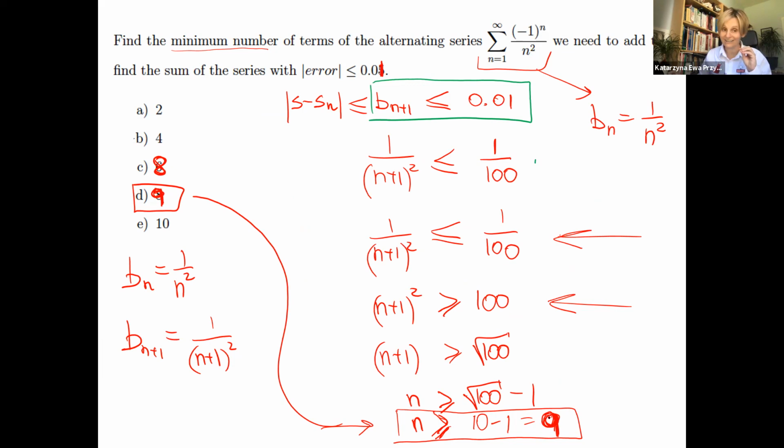If 9 is not on the list to choose from, you may pick another greater number, because all of the numbers greater than or equal to 9 will give us a sum which satisfies this, with the error being smaller. 10 and any number after 9: 10, 11. That means if 9 is not on the list, you will pick 10.